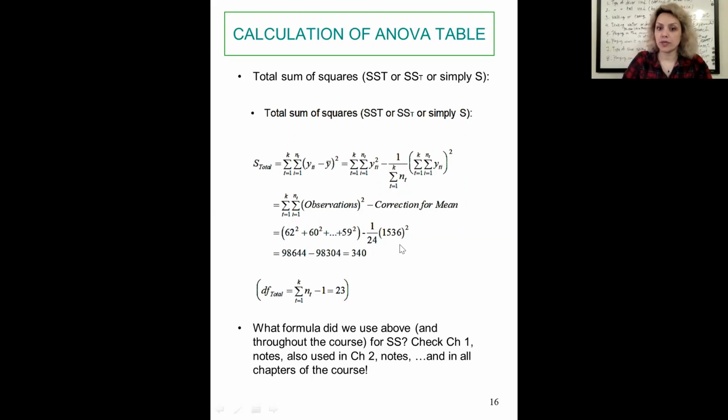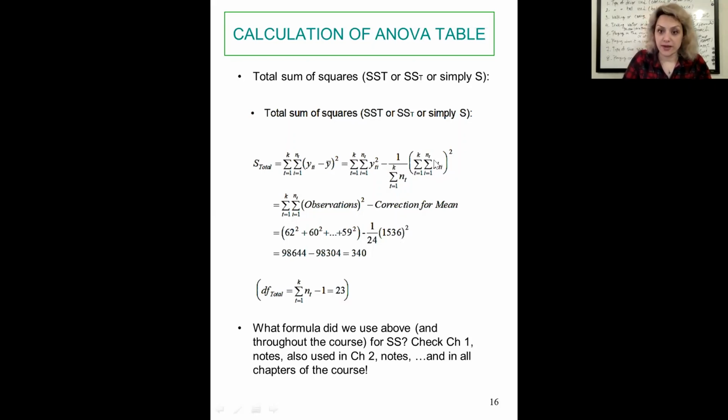The correction for mean is 1 over the total number of data points that we have, which is 24, times the grand total, sigma y_i, to the power of 2.